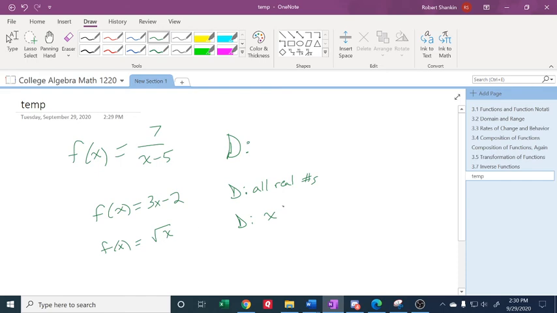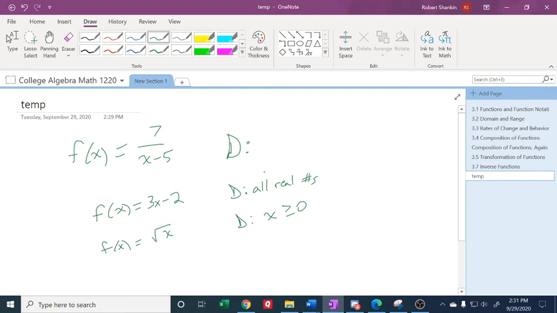So x would have to be greater than or equal to 0. All the positives. That's right. Okay? And there's two things we have to avoid. We cannot have negatives inside square roots. And there's something about fractions.